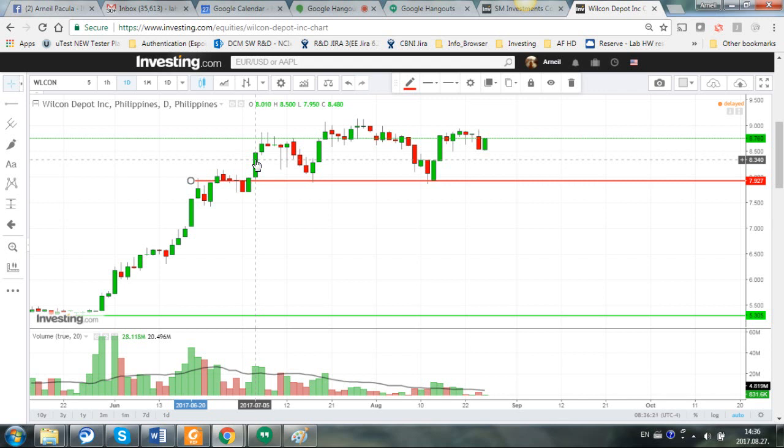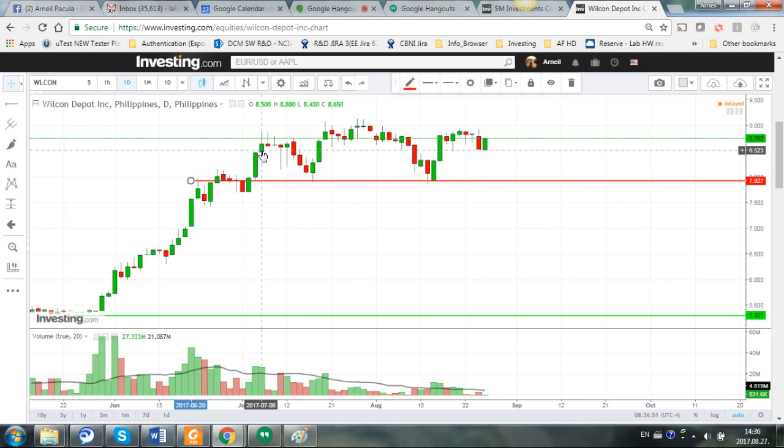So, it can only indicate na yung buying energy or momentum or yung buyers are really coming in kasi hindi siya nag-open at this point. Instead, nag-open siya above the closing price of the previous candlestick as an indication na there is a big demand for this stock.